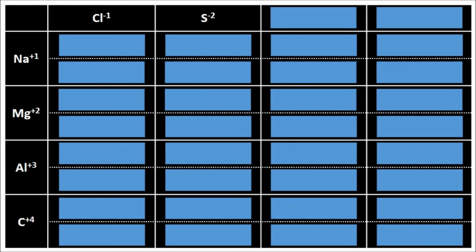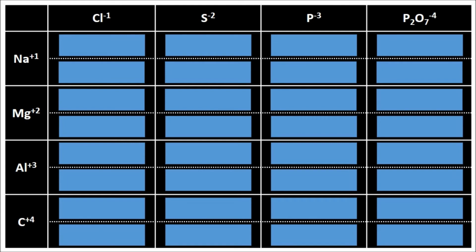Up top, we see chlorine or chloride, sulfur, sulfide, phosphorus, and the ion is phosphide. And then the last one will be pyrophosphate, a polyatomic ion. There's no modification of that.